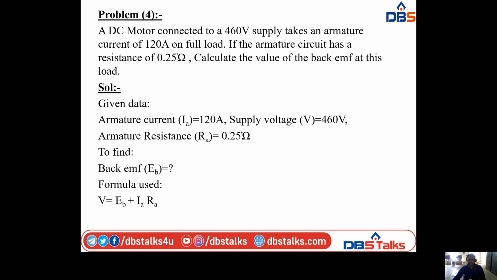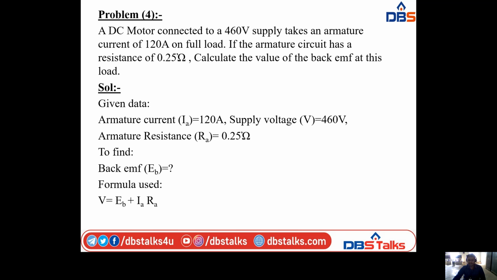So from this problem we have to determine the back EMF value at a particular load. First I note down the given data: armature current 120 amperes, supply voltage 460 volts, armature resistance 0.25 ohms. Here I have to calculate the back EMF.